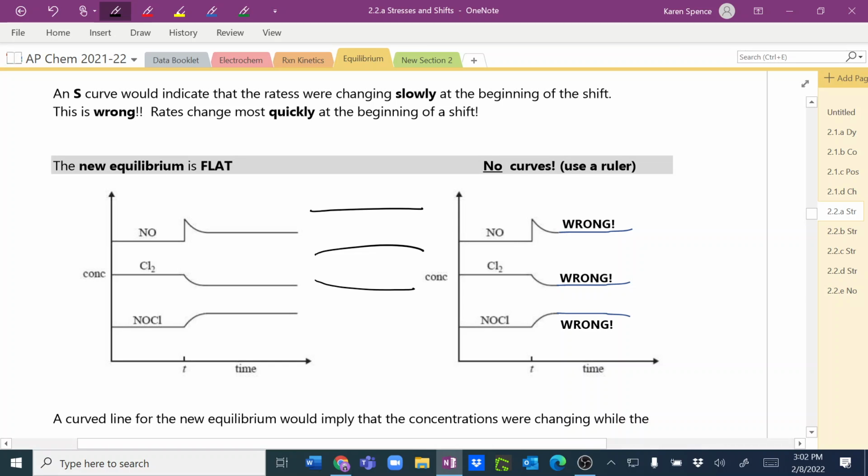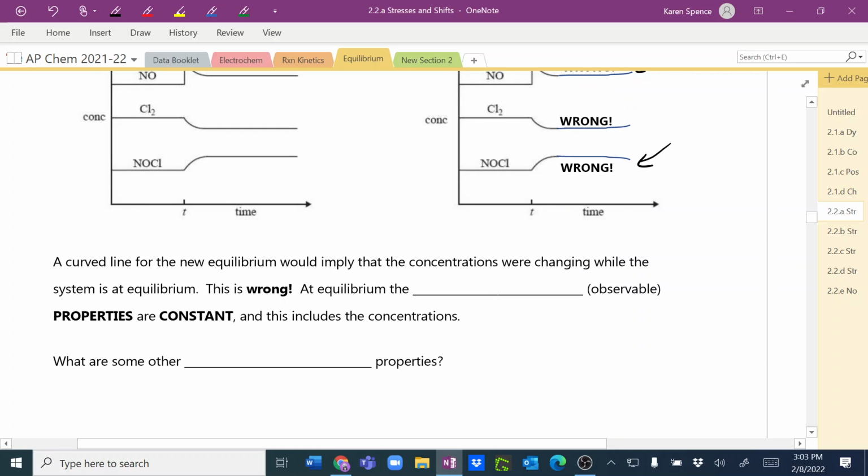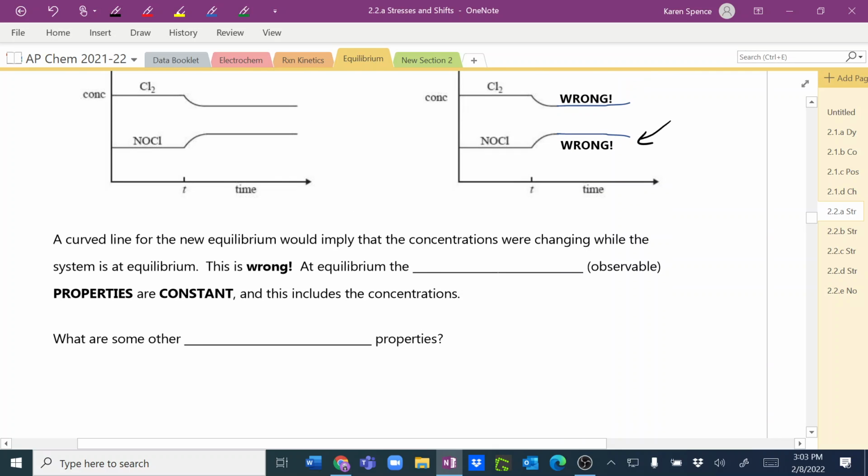When you're drawing it for yourself, I don't care, but when you're drawing it for me, I want to see that once we have reached our new equilibrium, that concentration is steady. It's not going up, it's not going down. Those are just things that 25 years of teaching have shown me happen all the time.